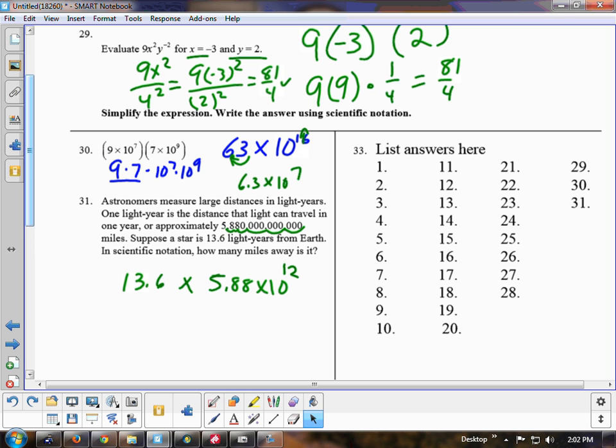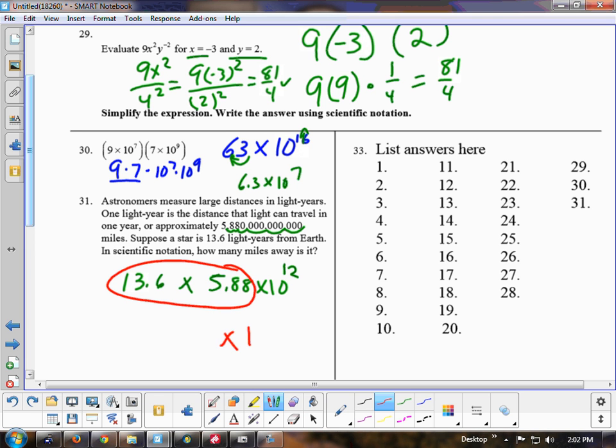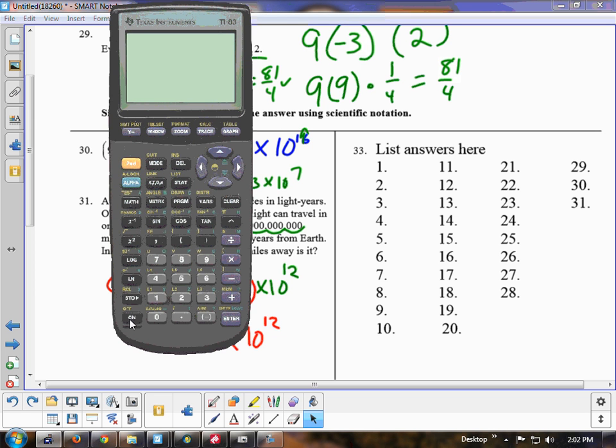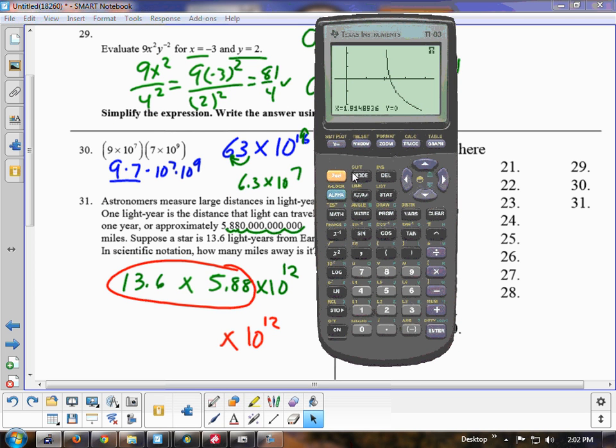So what I need to do here is multiply these two numbers together and then put it back in scientific notation. So I'm going to need a calculator for this. Let's do 13.6 times 5.88.